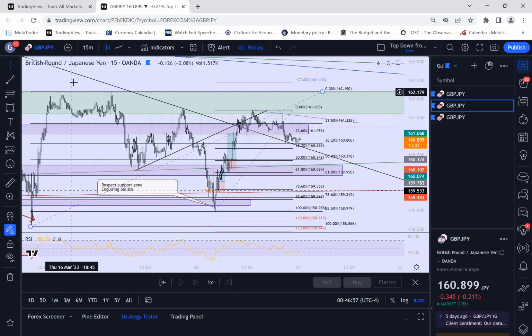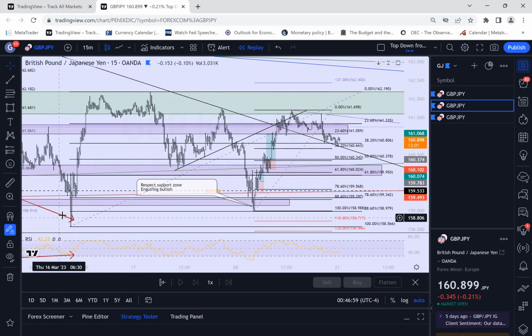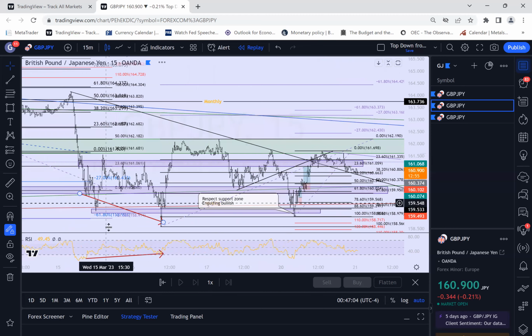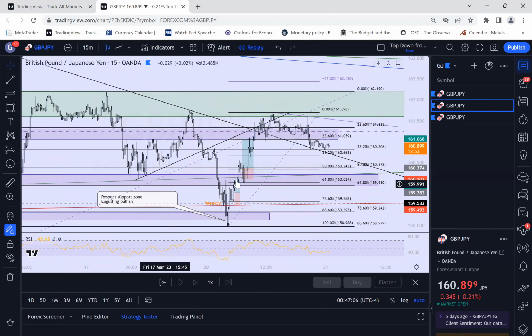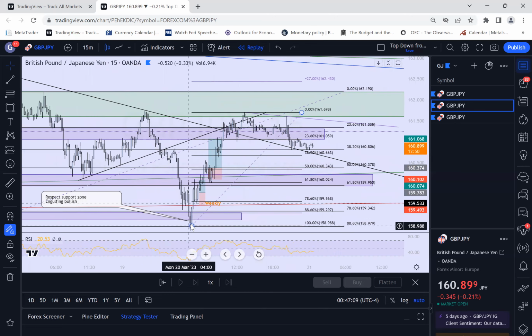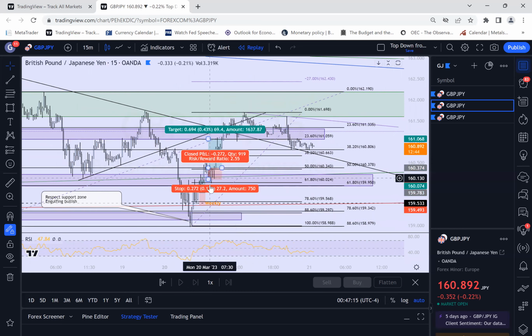So I have a break of structure off the divergence and end of a 1 hour structure, and then I now have this higher low, respecting a support level that's previously been tested and keeps being support. So that was a high probability trade. And I was correct. And I did re-enter and I got stopped out.